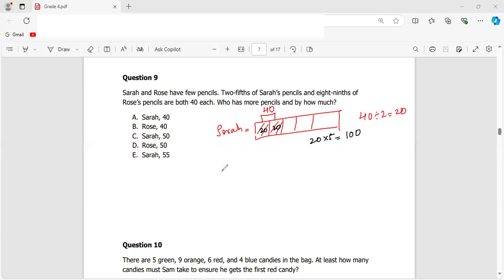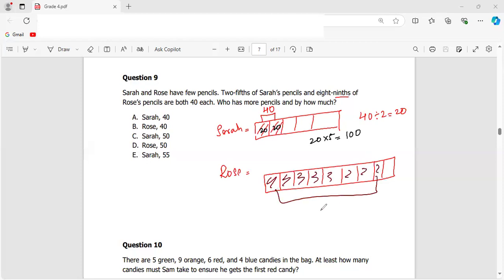Then Rose, 8/9 of Rose's pencils. One whole is divided into how many parts? 9 parts. So 8/9 means 8 parts. 8 parts are 40, so you divide it by 8. That means each part is 5, and there are 9 parts.